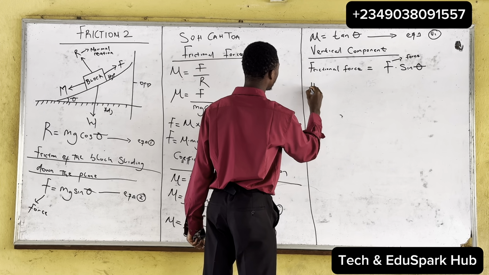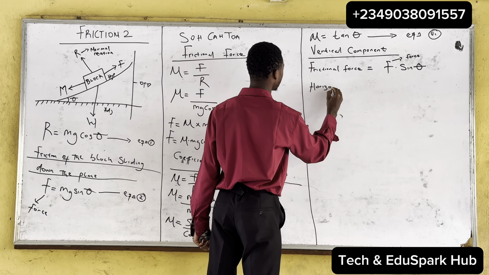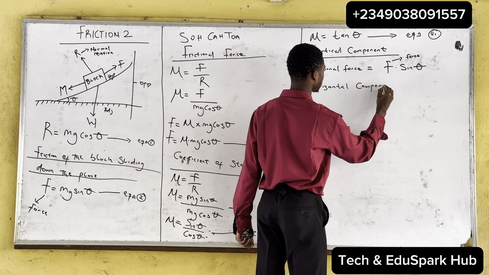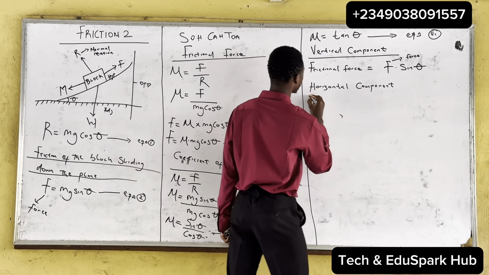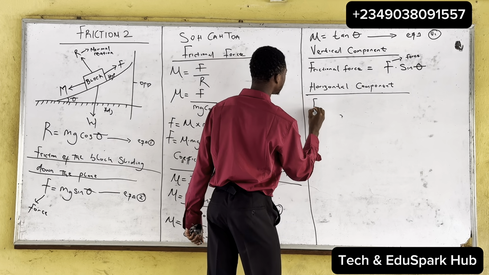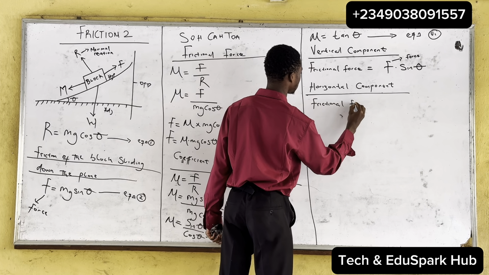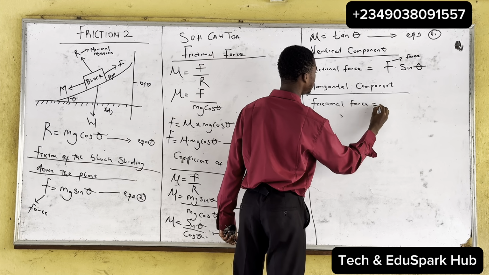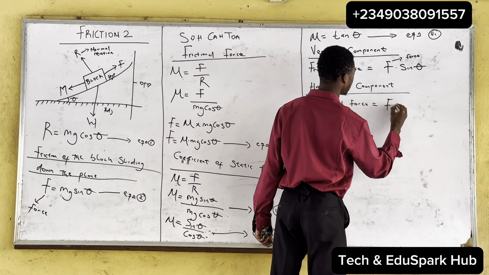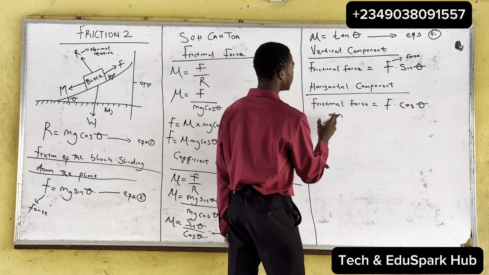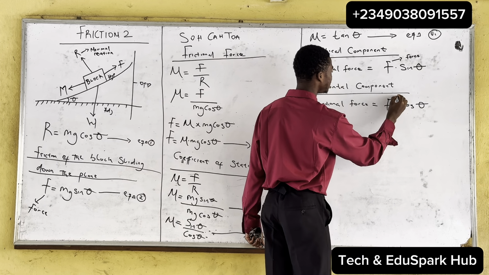And for the horizontal component, we have our frictional force to be equal to F cos theta, and this is given as our formula for the horizontal component. So this is standing as our force.